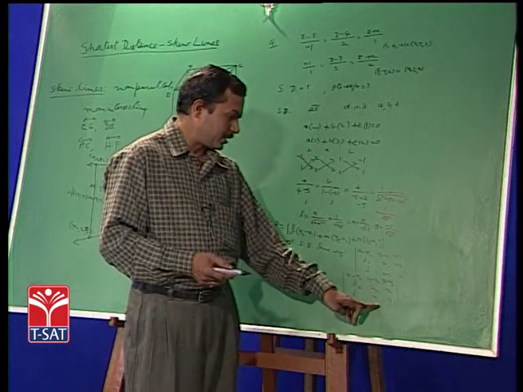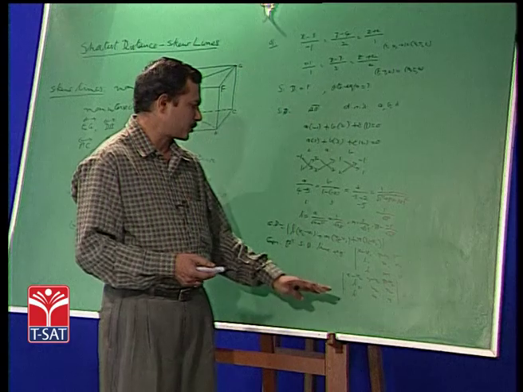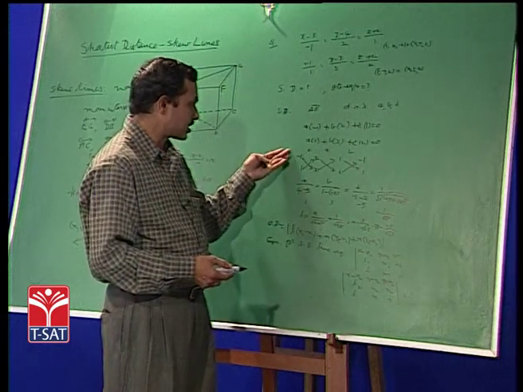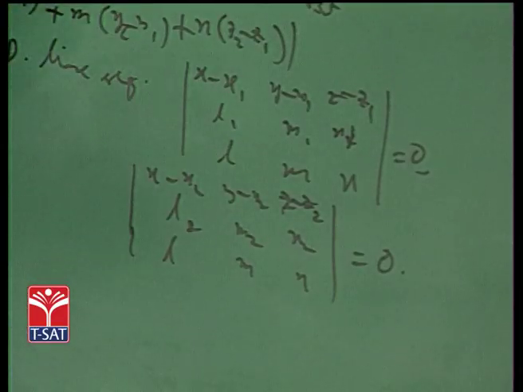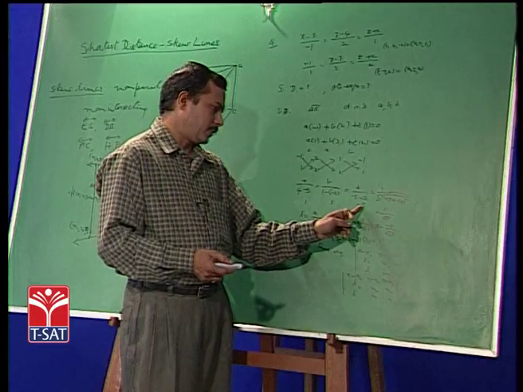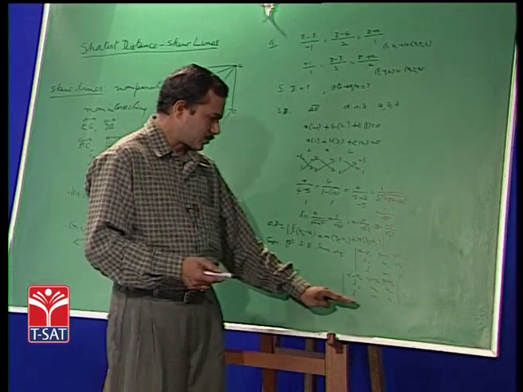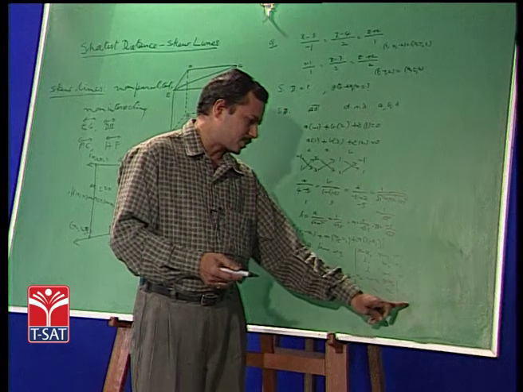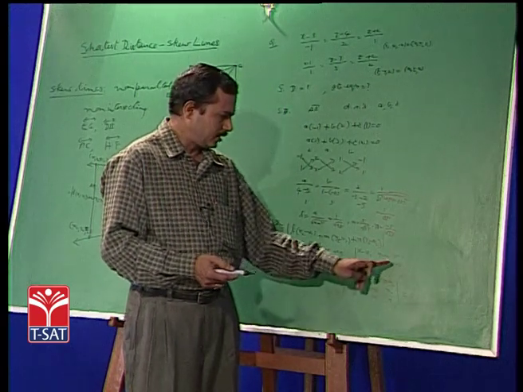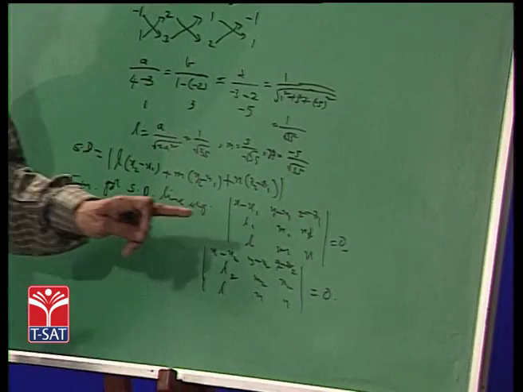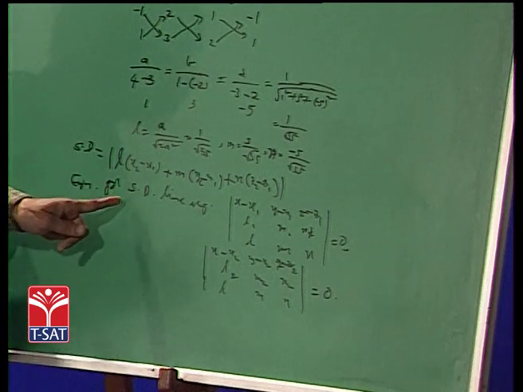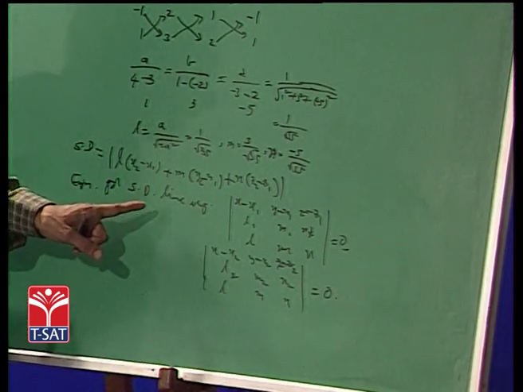Here L m n may be taken to be the direction ratios of the shortest distance line segment. Therefore, those may be taken to be 1, 3, minus 5. Now once we substitute these values, again this also represents a plane, and the intersection of these two planes gives us the equation for the shortest distance line segment.